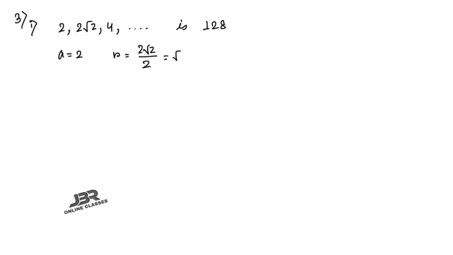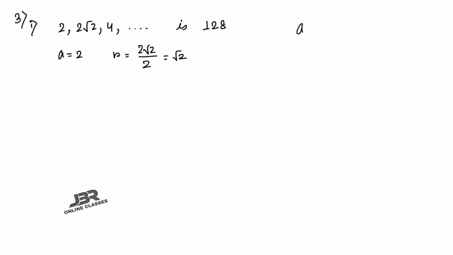Now next one, sum number 31. Which term of the sequence 2, 2 root 2, 4, and so on is 128? Suppose the nth term is 128. Here a equals 2, r equals 2 root 2 by 2, that means root 2.